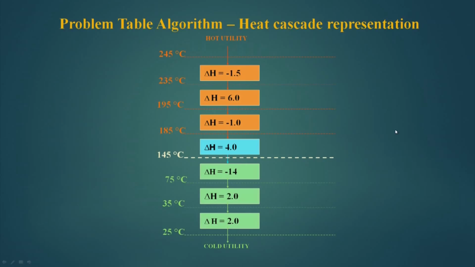Now, suppose we are adding 0 megawatt from the top, that means hot utility requirement is 0 megawatt now. If we do so, then here this is 0 minus 1.5, which becomes 1.5 megawatt.